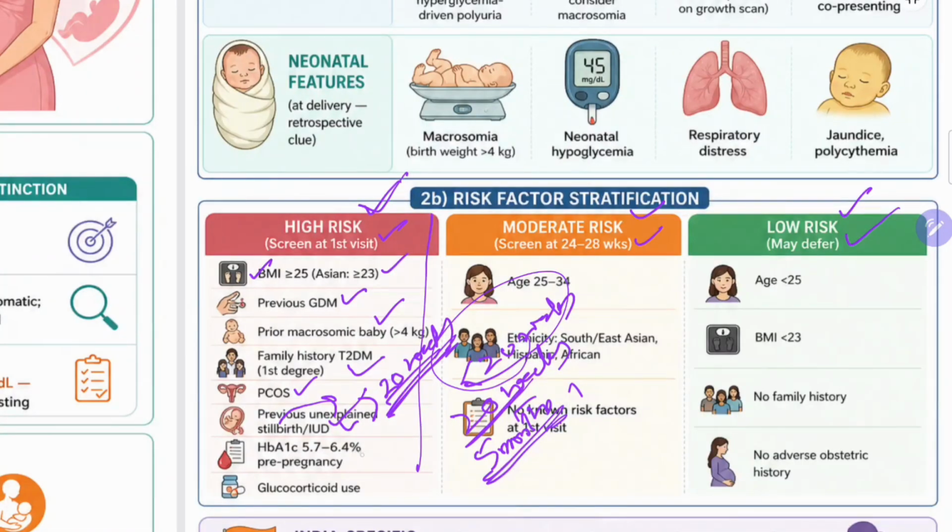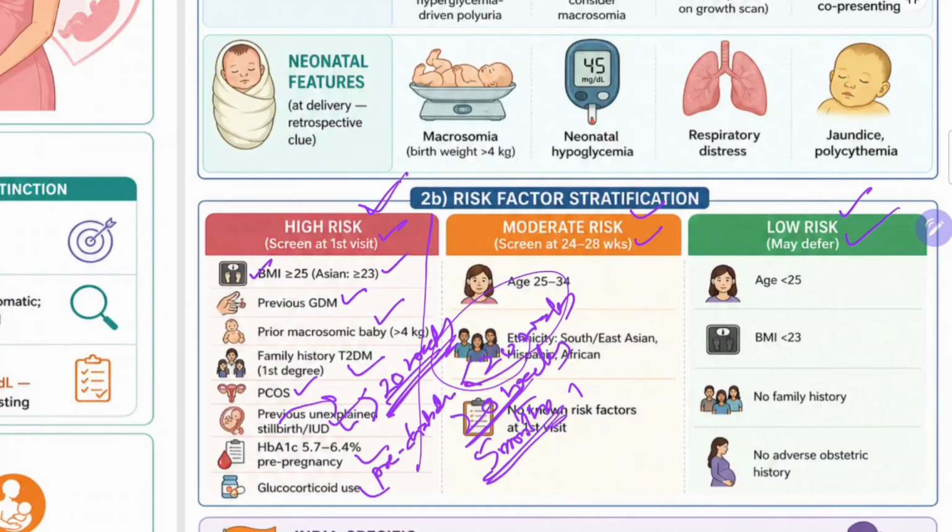So if the HbA1c before pregnancy was 5.7 to 6.4, which is the category of pre-diabetes, then that is a high risk factor for GDM. And use of glucocorticoids, for example, if she is an asthmatic patient or she is having some connective tissue disorder for which she is taking glucocorticoids, then again she is a high risk lady for having gestational diabetes mellitus.